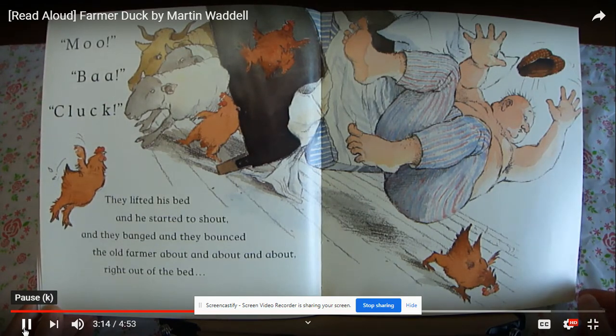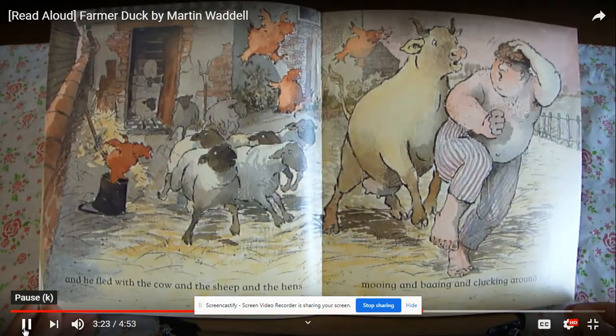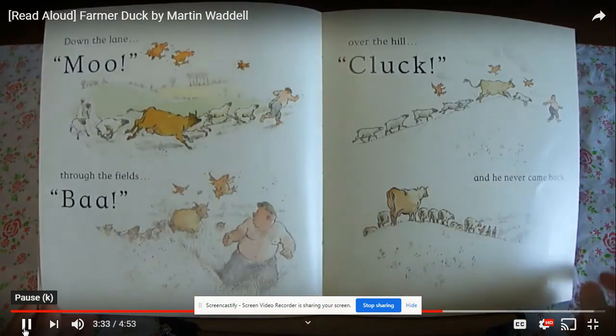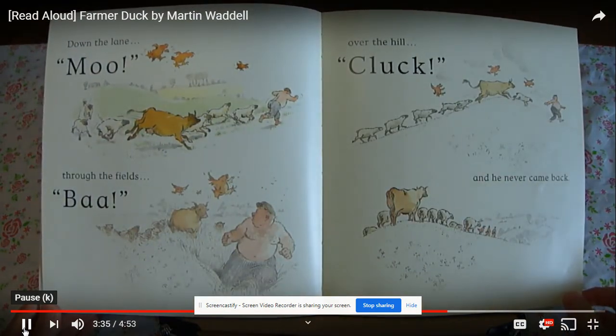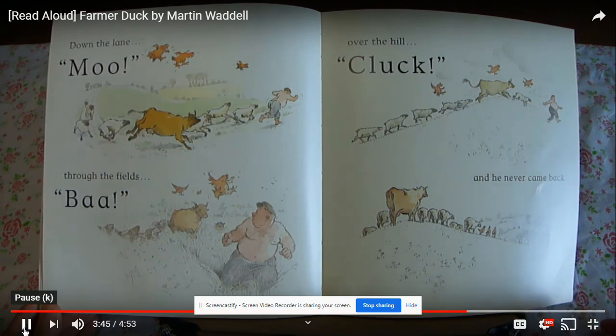They lifted his bed, and he started to shout. And they banged and they bounced the old farmer about, and about, and about, right out of the bed. And he fled with the cow and the sheep and the hens, mooing and baaing and clucking around him. Down the lane, moo, through the fields, baa, over the hill, cluck, and he never came back.